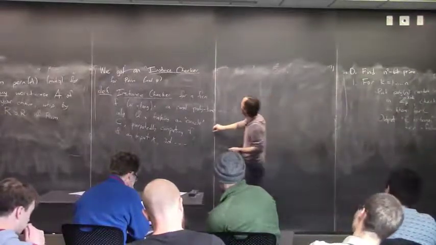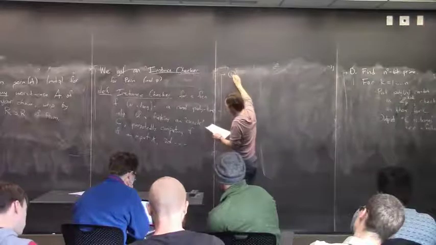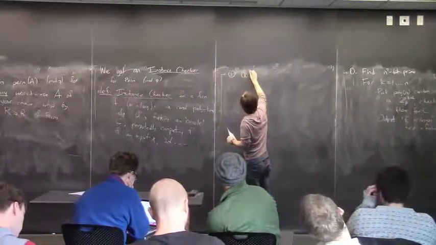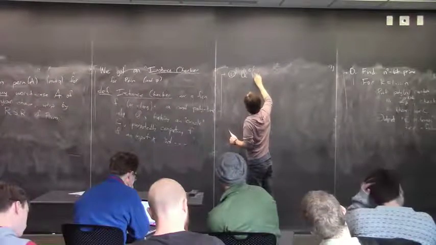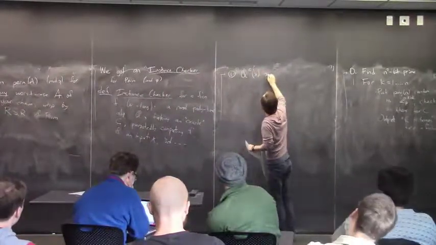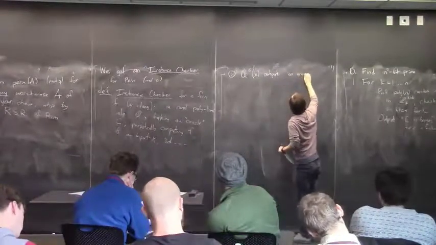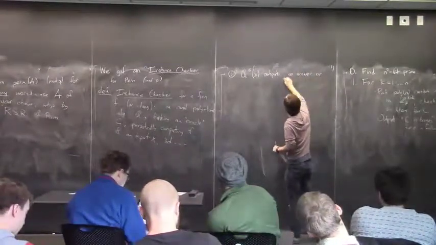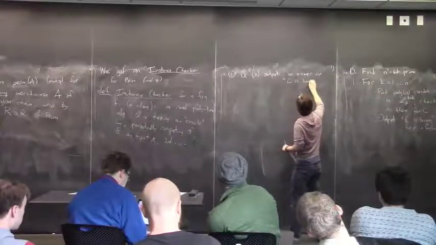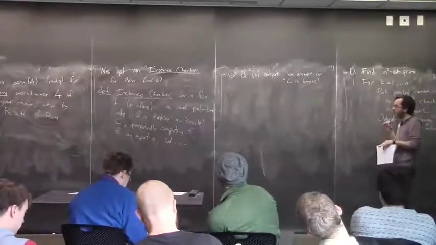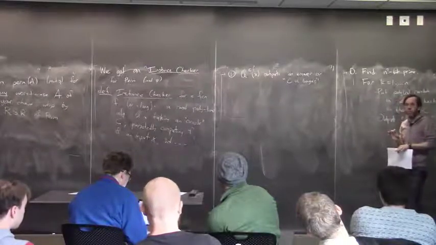So what are the three properties? One, the algorithm A with oracle C and input X outputs two things. It either outputs an answer, or it outputs the phrase, C is bogus. And by bogus, the intention is that C does not literally compute f correctly on all inputs.